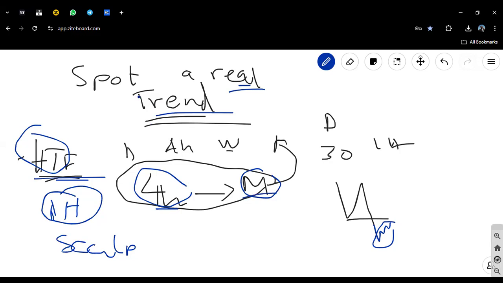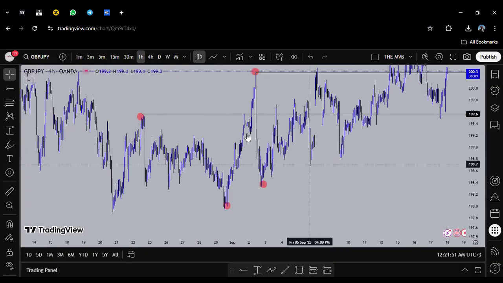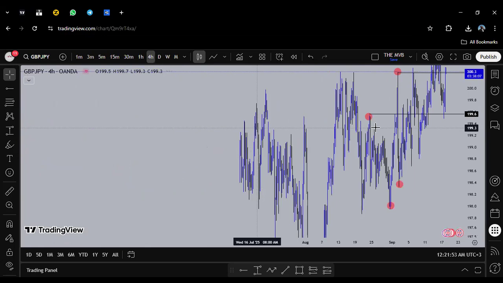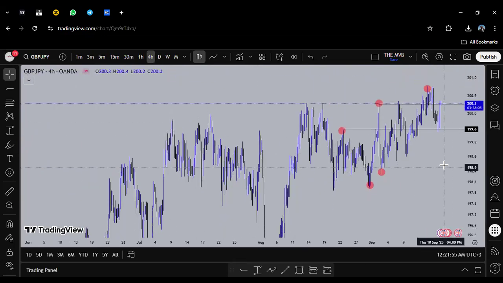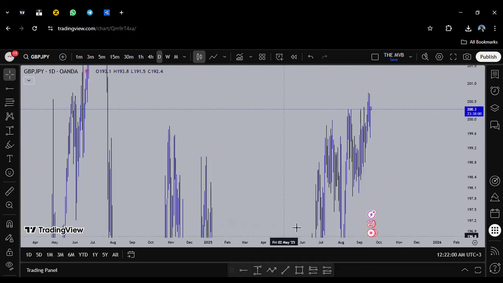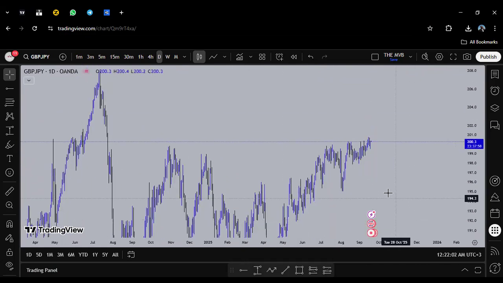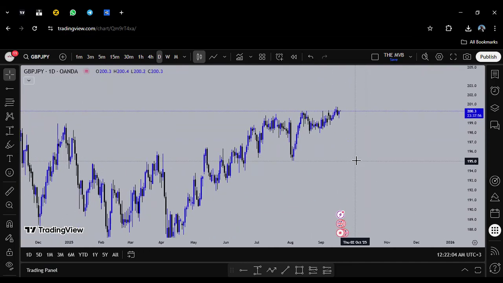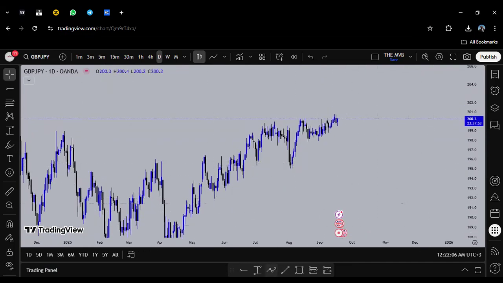Okay, so going back to the chart, okay, when we plot, for example, maybe let's use daily time frame. Okay, let's use daily time frame. Now you can see here in the daily time frame, it is clear it is an uptrend. Why?